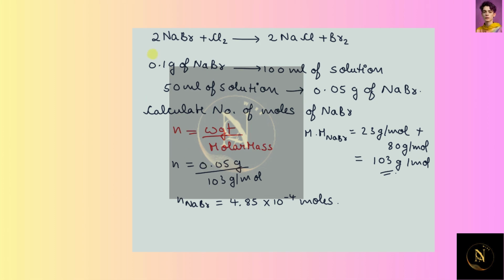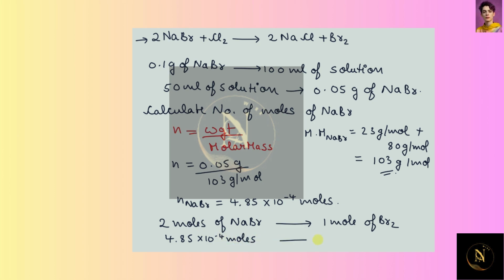So as we can see from this equation, 2 moles, which is the stoichiometry of NaBr, is producing 1 mole of Br2, bromine gas. So now the theoretical yield: the actual moles is 4.85 into 10 raised to the power minus 4 moles.